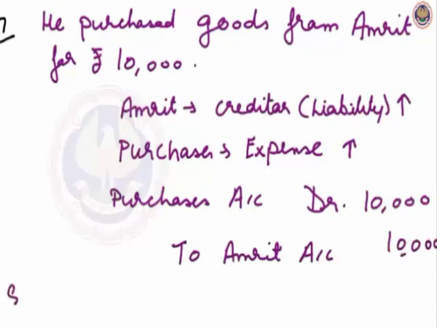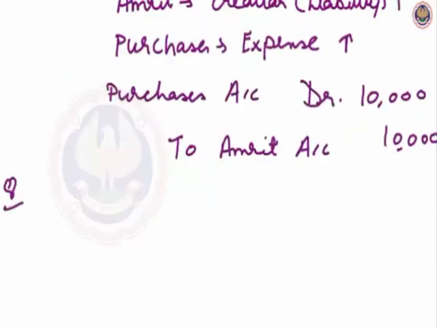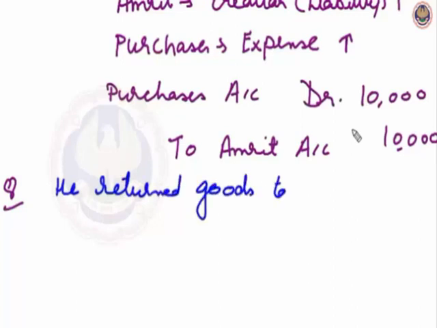So let us see the eighth transaction. He returned goods to Amrit. Previously goods were purchased, now they are returned. For how much amount? Rupees 5,000.